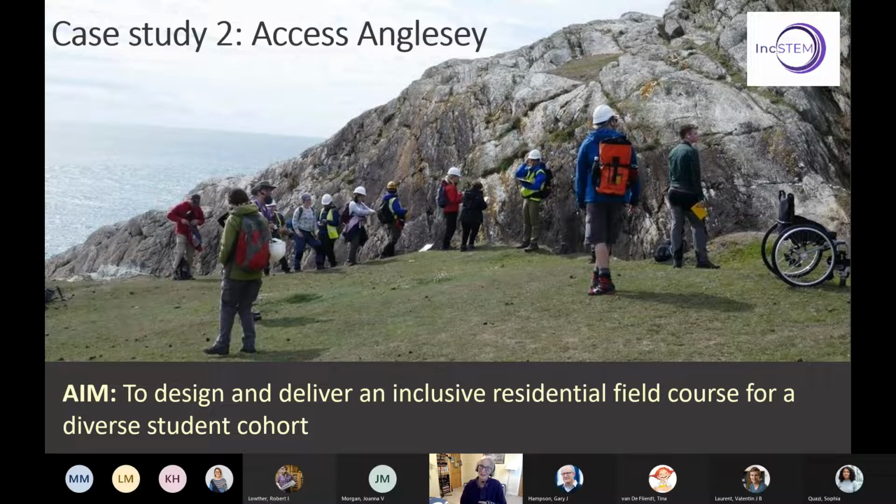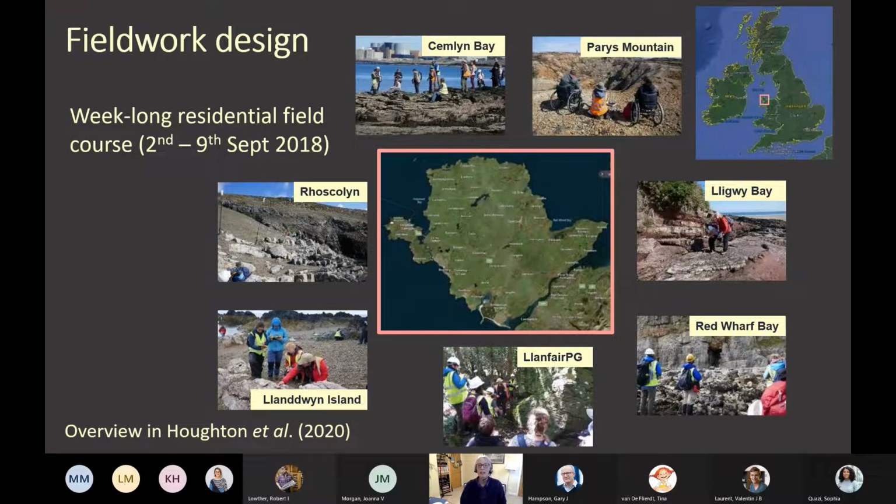So in this case, we are designing from the ground up a residential field course that we hope is fully inclusive for a diverse range of students. Anglesey is a fantastic location because it's quite a small geographical area, but within that area, the students can see a fantastic range of geology.